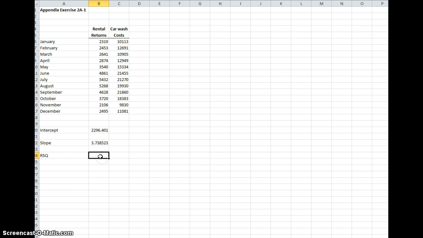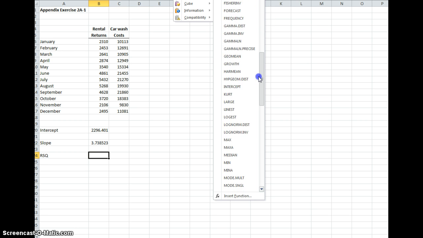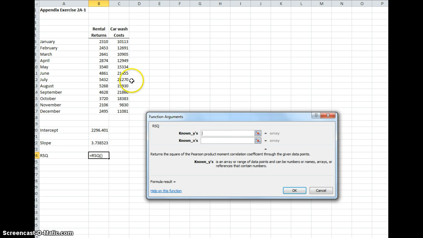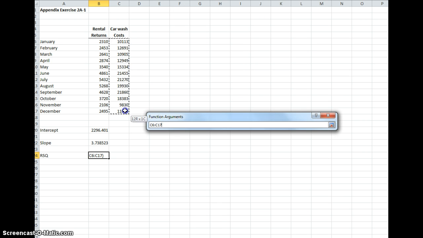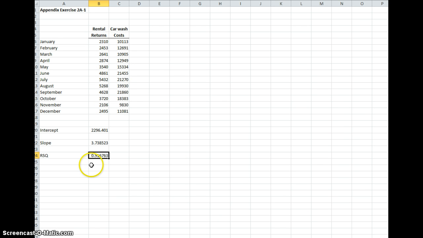Okay, we then need to calculate the R-square. The R-square gives us the goodness of fit, or really the reliability of this equation. We select R-square, do the same as we did, the known y's, the known x's, click OK, and we get 0.9167, which is a very good R-square.